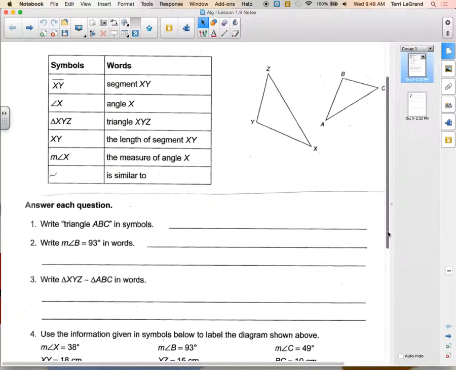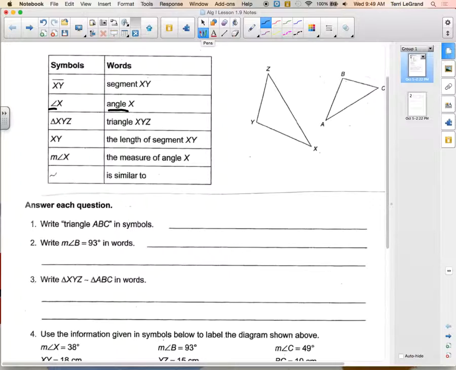You can count on X being a point at one end and Y being a point at the other end of our line segment. When they have the slanted capital L in front of a letter, or even three letters, that's the angle. This is our angle symbol, and we have to make sure that we understand how to write it. If we don't want to write the word angle, how do we do it mathematically then?